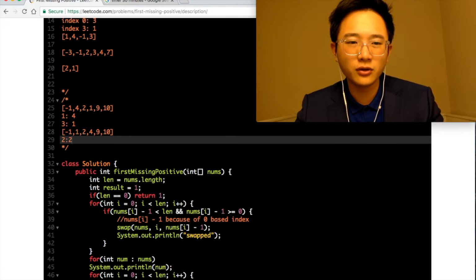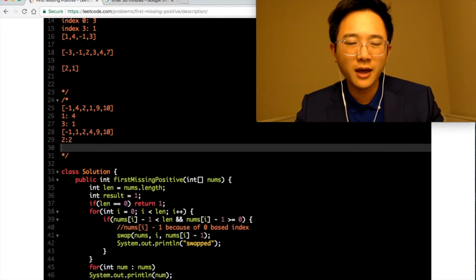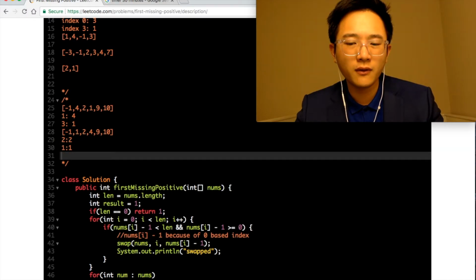We have 2, and 2 minus 1 is 1, and 0, 1 is 1. Okay, so we swap 2 and 1 together.